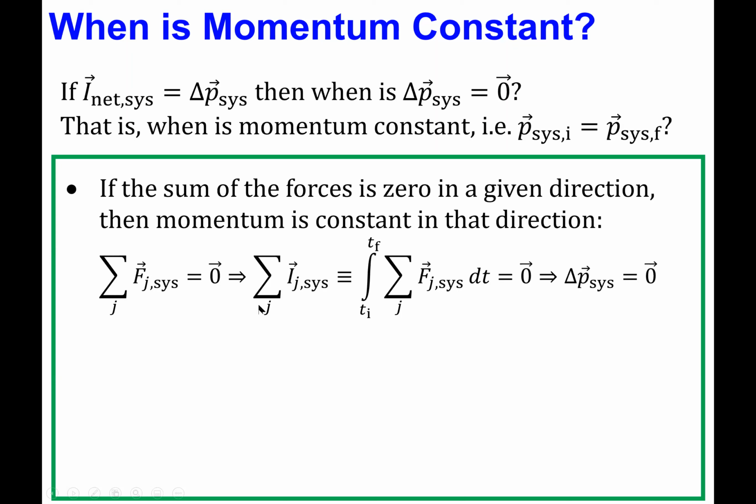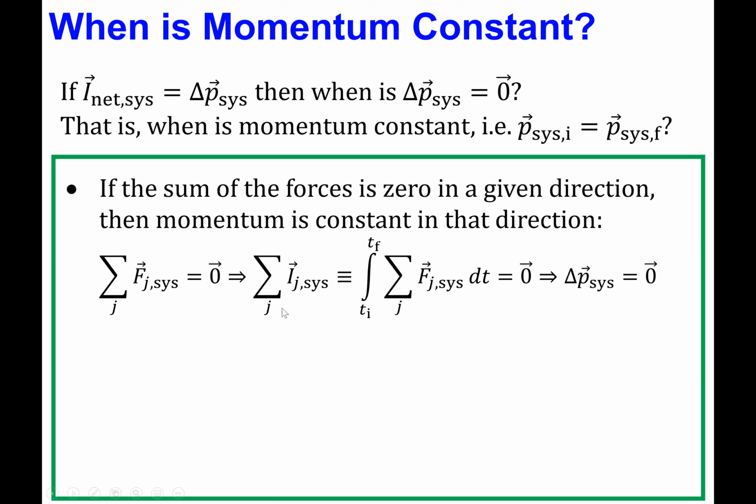For example, if we write down the sum of all the impulses delivered to a system, which is really what the net impulse is, and then express it in terms of its basic definition. So an impulse delivered to the system by a particular force is given by the time integral of that force, the integral of that force over the time which it acts upon an object.